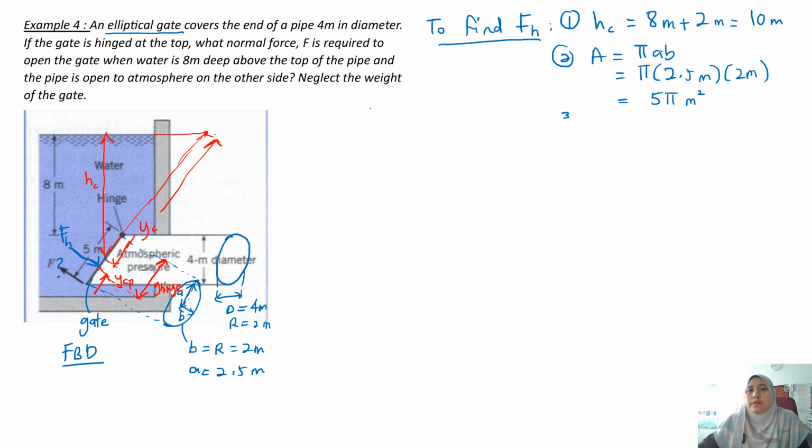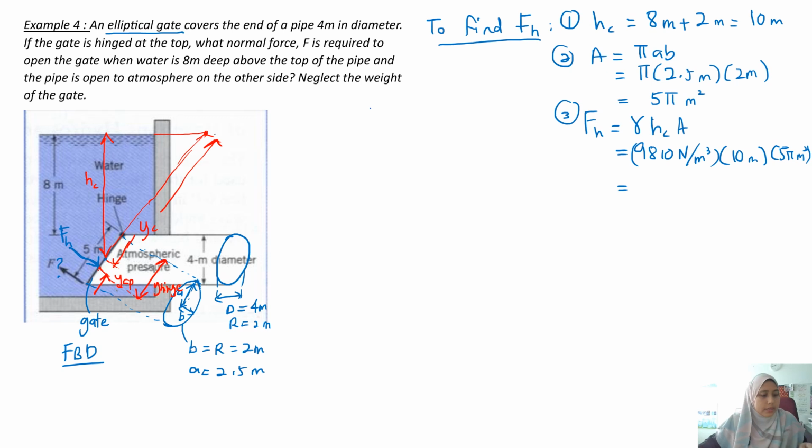And last but not least, for this magnitude is to find the FH by using gamma or rho G HCA. Gamma of water is 9810 Newton per meter cube. HC is 10. A is 5 pi meter squared.